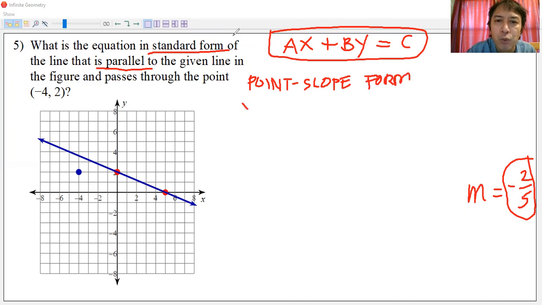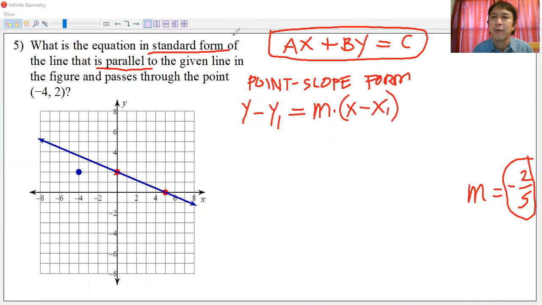All right, and this is y minus y1 equals m times x minus x1. There, okay. All right, so this is the point slope form. We have to make use of the negative 4, 2. That's the required point where the required line will pass, okay.